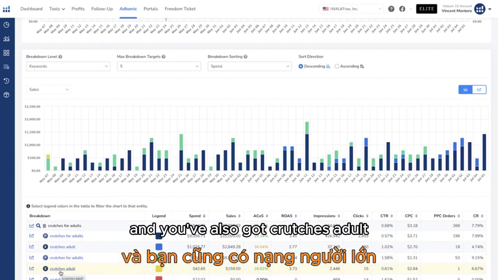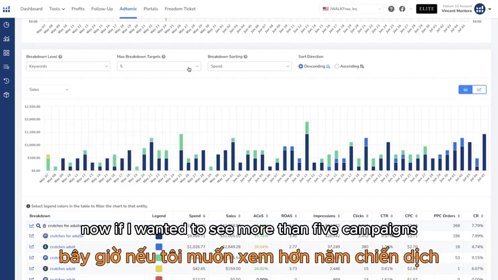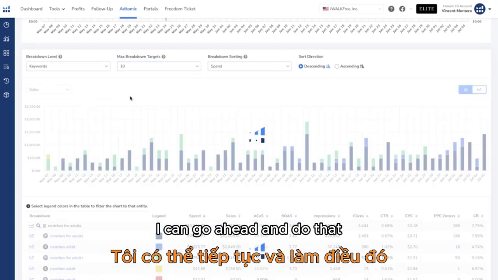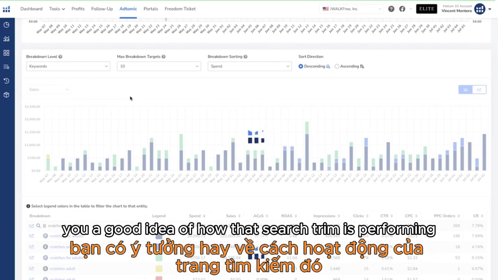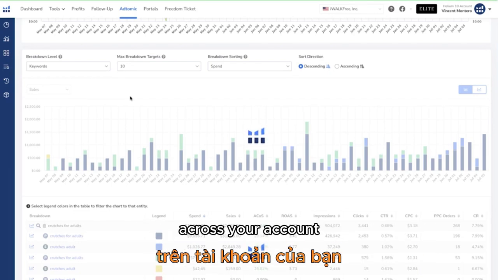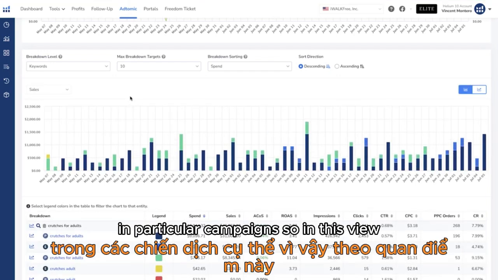And you've also got crutches adult here as an exact match, and so on. Now, if I wanted to see more than 5 campaigns, I can go ahead and do that. But typically looking at performance of the top 5 campaigns should give you a good idea of how that search term is performing across your account as associated with different keywords in particular campaigns.